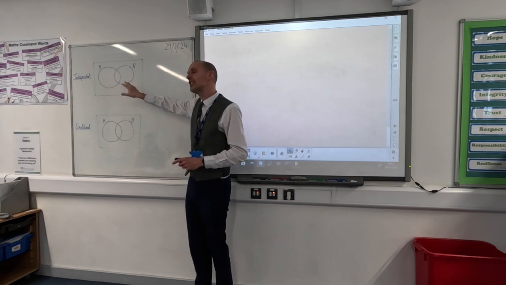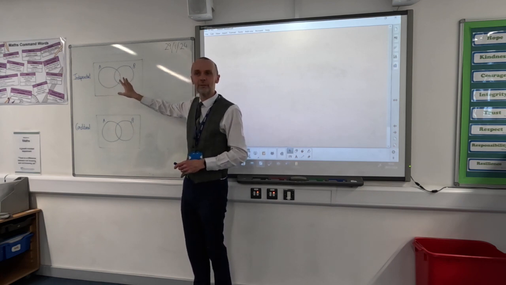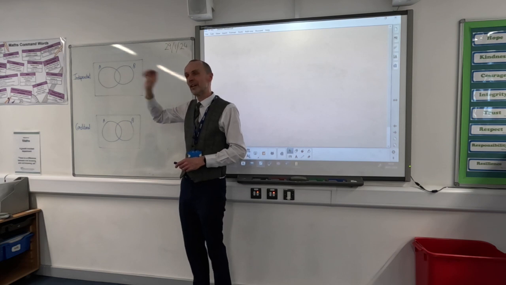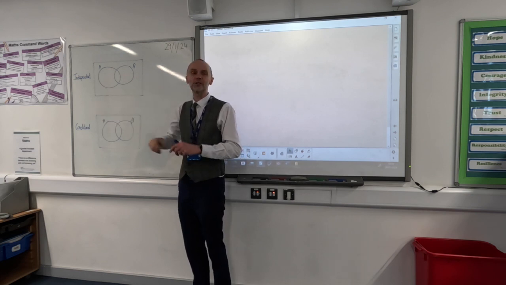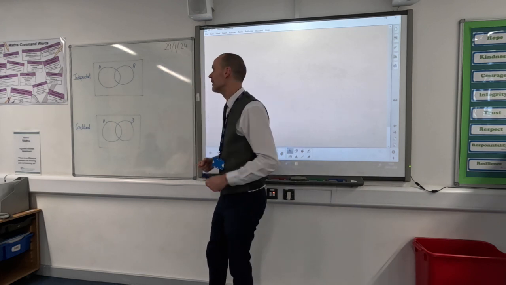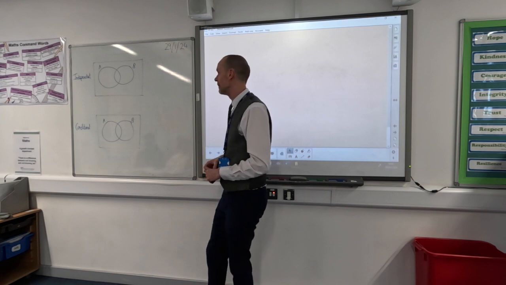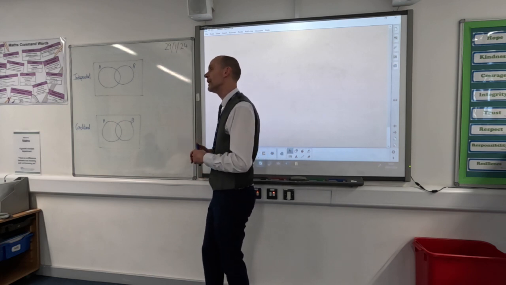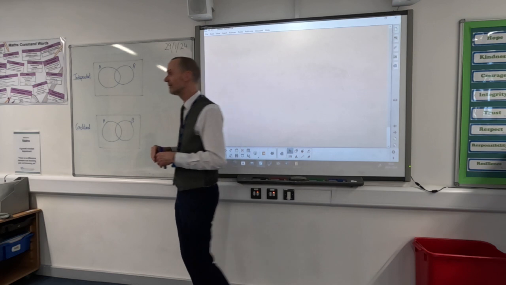So this is the situation where you open your drawer in the morning and you take out a pair of socks. Let's assume your socks are all put in pairs. Please tell me your socks are all put in pairs. And you take out a pair of underpants. And let's say that we're interested in the colour. All right.